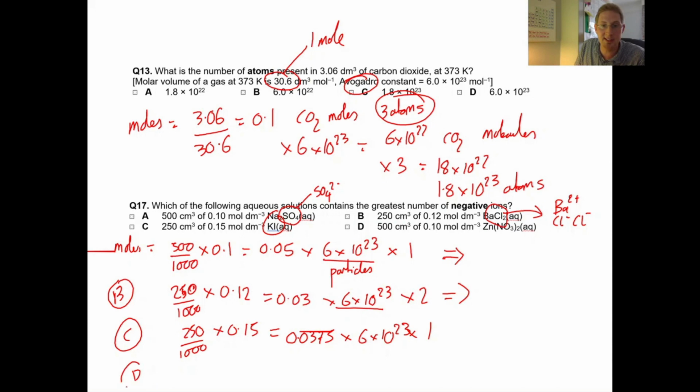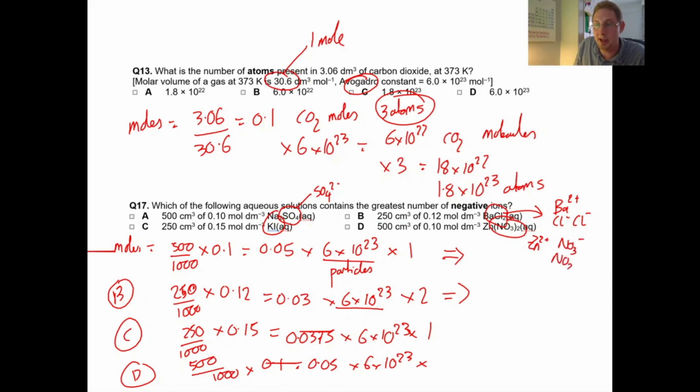And finally for D, we would do 500 divided by 1,000 to get the total number of decimeters cubed, times by 0.1, which is 0.05, times by 6 times 10 to the 23. And then again, look here, zinc nitrate, zinc 2+, NO3-, NO3-.